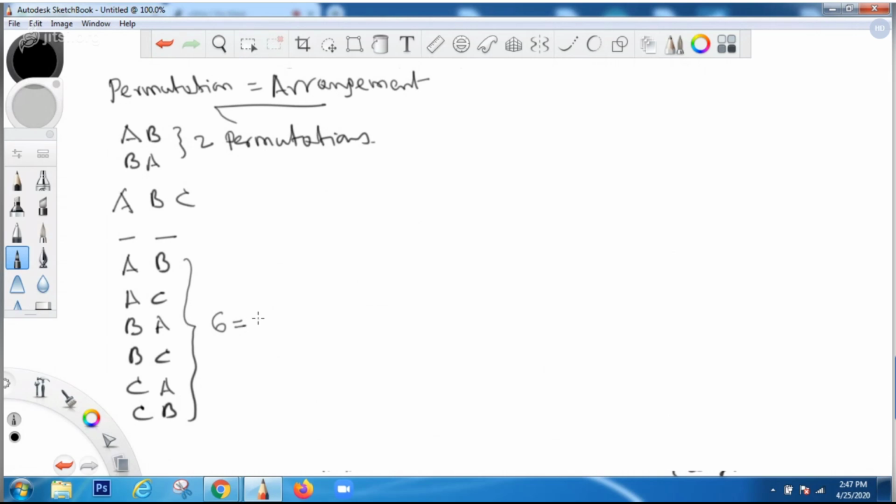And also we have seen that the 6 can be represented as 3P2, whereas this is equal to 2P2. In this case, if we take all three at a time, then ABC, ACB, BCA, BAC, CAB, CBA.